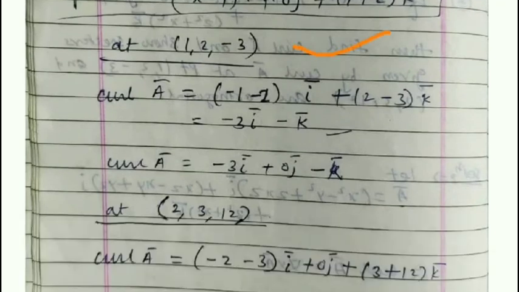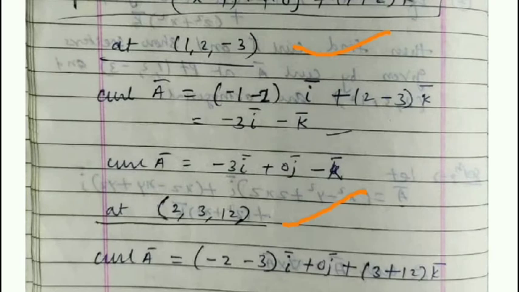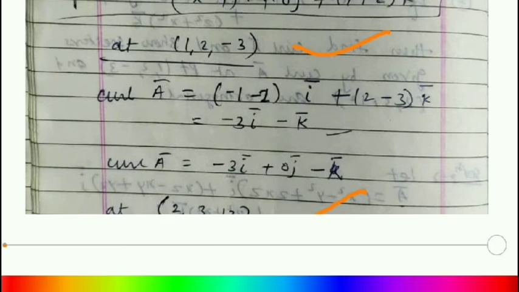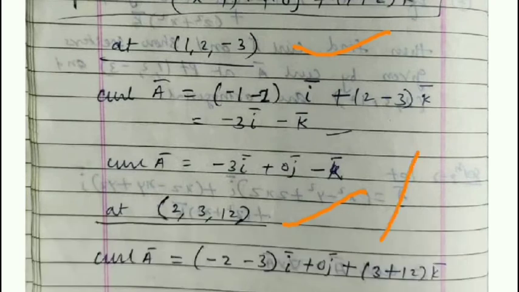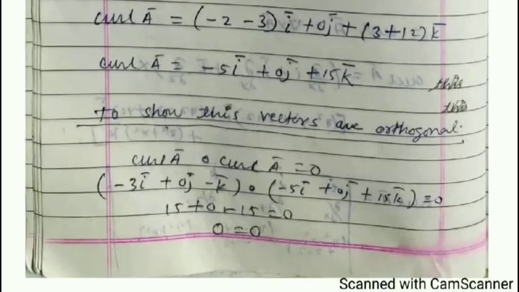First point is (1, 2, -3) and second point is (2, 3, 12). After putting these two points in curl of a, we will get two vectors, curl of a at the first point and curl of a at the second point. We are told these two vectors are orthogonal. That means the dot product of these two vectors is 0, okay. So in this question we have to prove that.